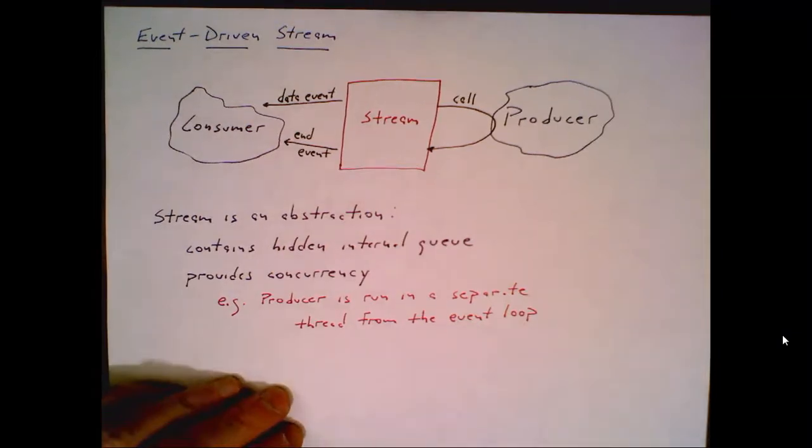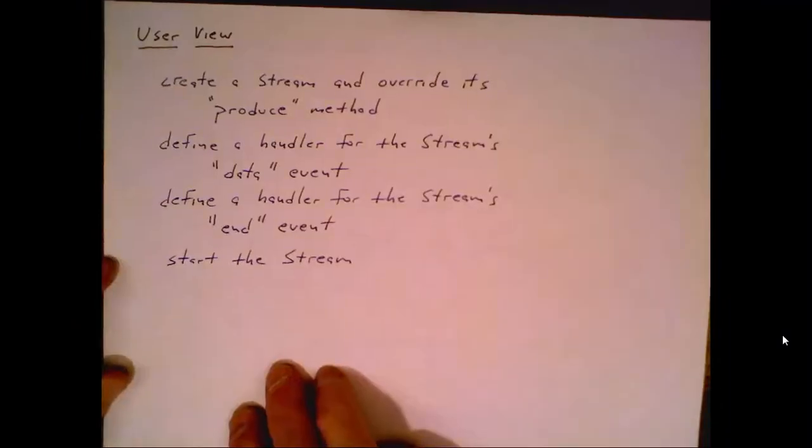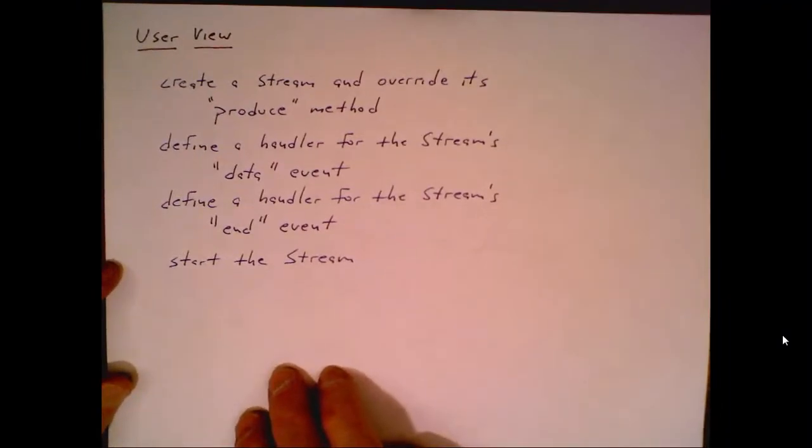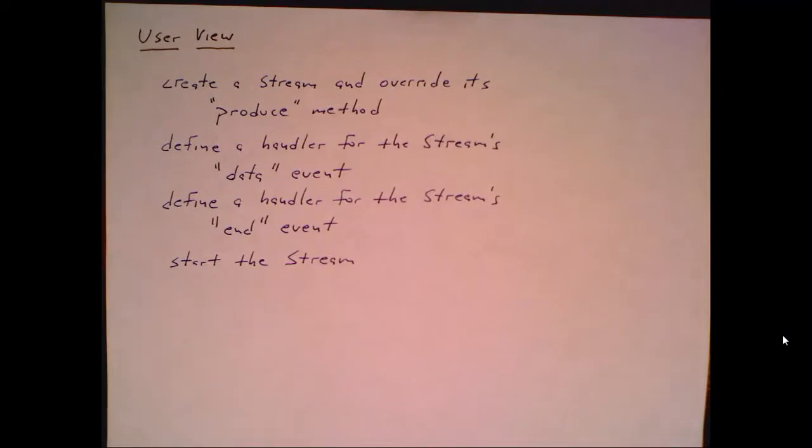Let's dig deeper into that picture to see how it really differs from threads. Well, the main thing is that the argument is that it's a simpler view for the user. The user will create a stream, and while creating it, this user will probably have to override the produce method in order to define exactly how data is supposed to be produced for this particular implementation of a producer-consumer.